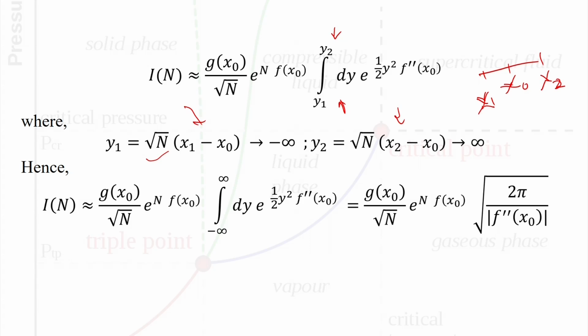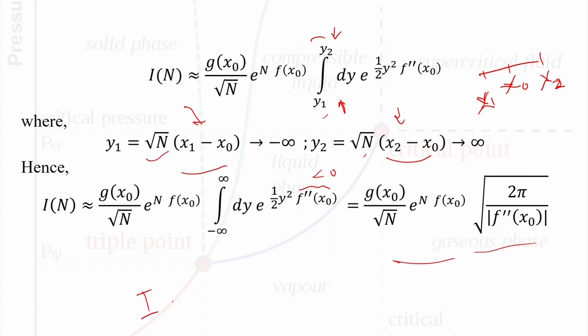So if n is huge and this is negative, y1 tends to minus infinity, and also because n is huge and x2 is greater than x0, this is positive, so y2 tends to plus infinity. As a result, I am at liberty to approximate the limits by minus infinity and plus infinity, and this becomes approximately this. Notice that this is negative, so this makes perfect sense, and then I am going to be able to write this in this fashion. So this is the saddle point.